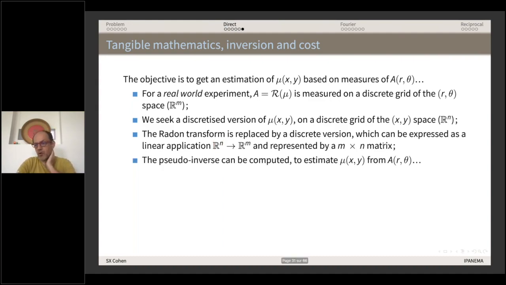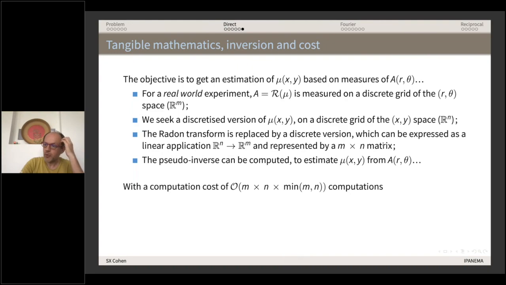So the first thing I can say is that in the worst case scenario, I can always attack the problem using brute force pseudo-inverse computation. I have an m by n matrix, and I would like to find a vector which, when multiplied by this matrix, provides something very close to what I measured. So we could maybe even stop the talk now, because we know it's feasible. We even have a recipe to do it, so why go on?